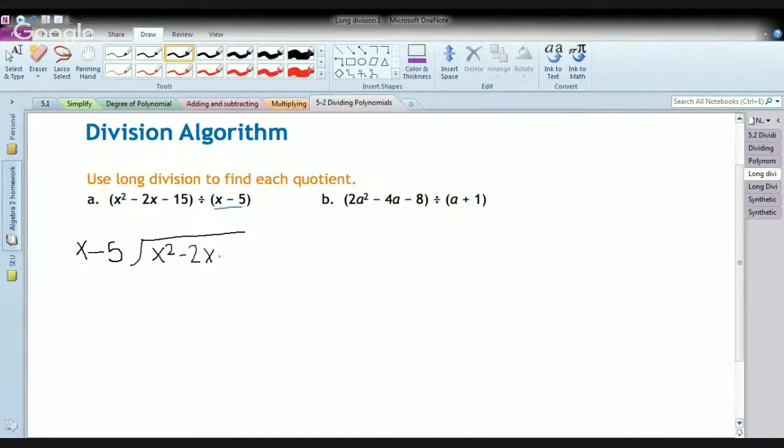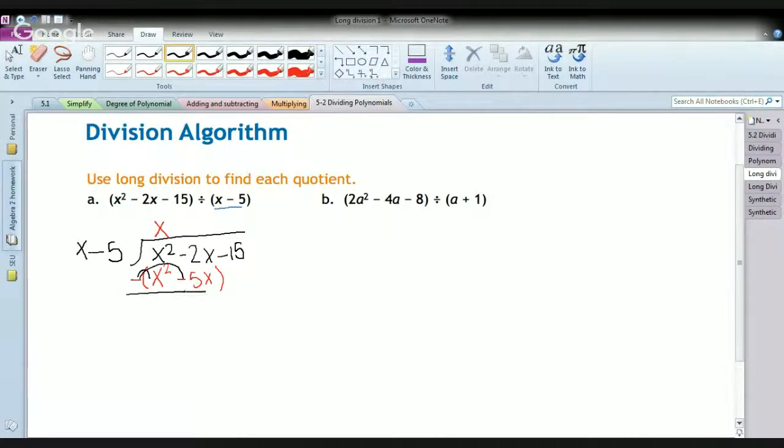So again, we're starting with the same exact question. We are asking ourselves, x times what gives me x squared? Well, x times x gives me x squared. So that's what's going to go on the bottom, x squared. Negative 5 times x is going to give me negative 5x. All of that we are going to subtract. So I'm going to distribute the negative.